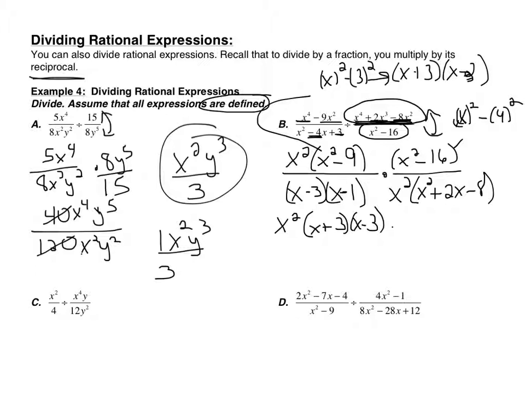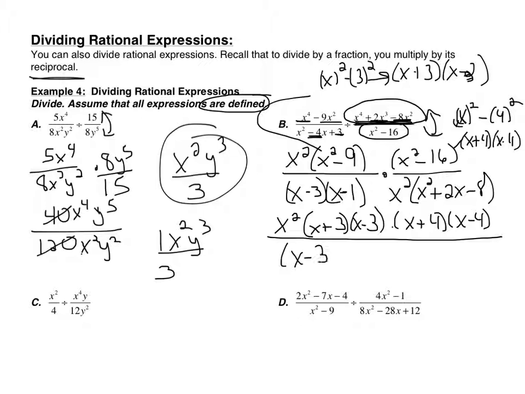So again, we have the difference of squares. That becomes x plus 4, x minus 4. So we're going to put that on top. All over. On the bottom we had x minus 3 and x minus 1.